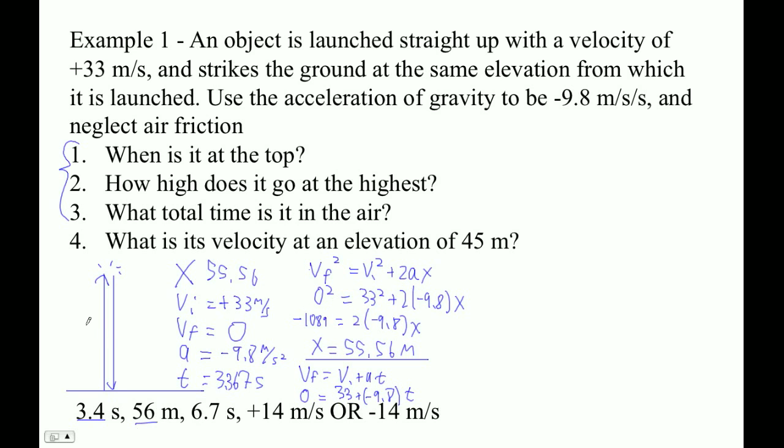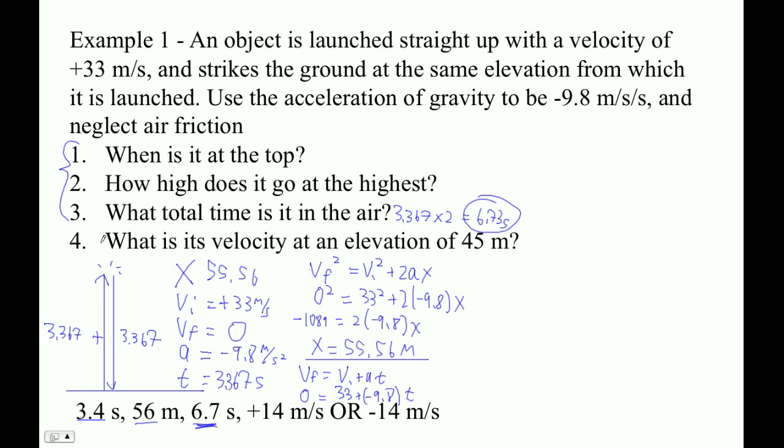Well, it's going to be 3.367 up and 3.367 down, and so the total time in the air is that times 2, right? So I get 6.73 seconds. Okay, so that must be this answer here, right?